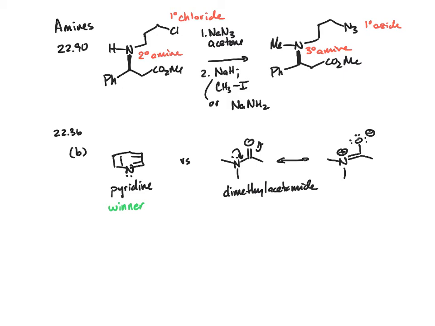So what does it really mean? That nitrogen is sp2 hybridized, and so are all the other carbons. So I'll take a minute to draw this out in a different way. I need to take up some space here.